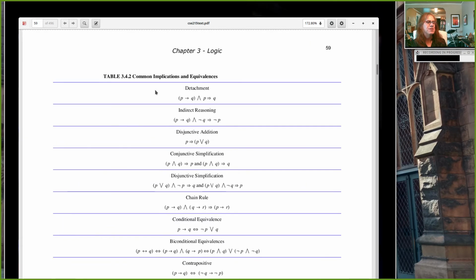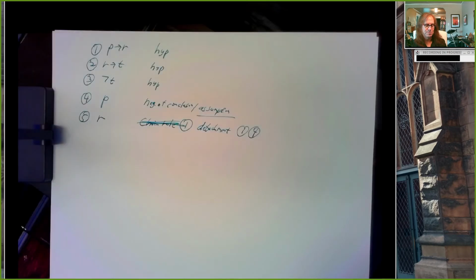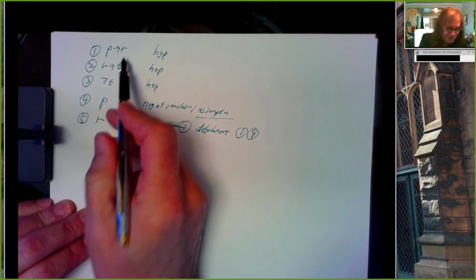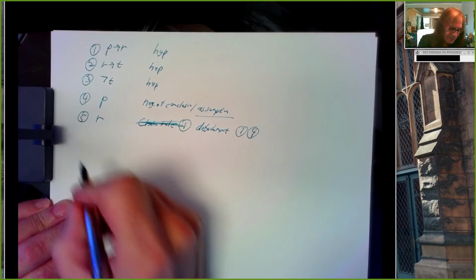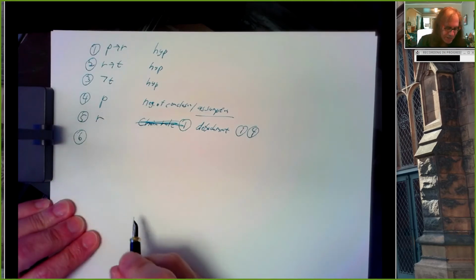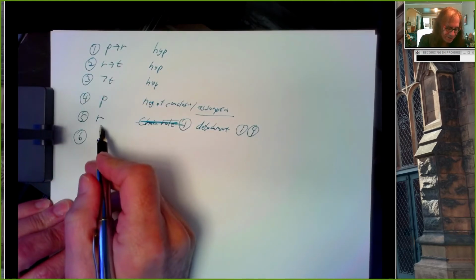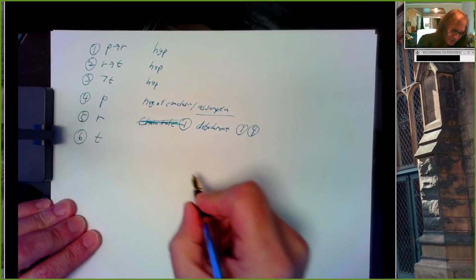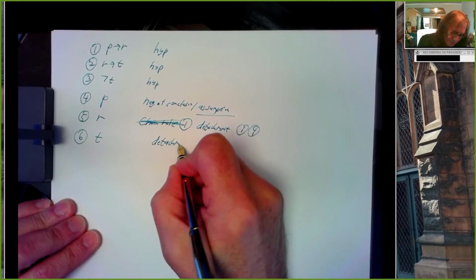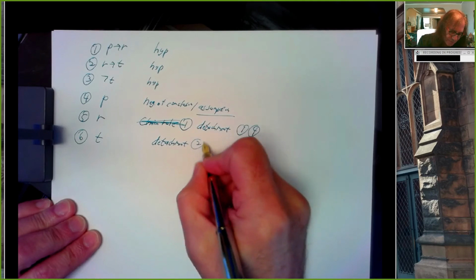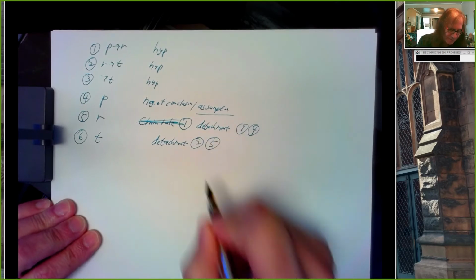Detachment says if P implies Q and P is true, then Q is true. So if P implies R and P is true, then R is true. That's detachment. And I can do that again. R implies T and R is true. That means T is true. And that's detachment, using propositions 2 and 5.